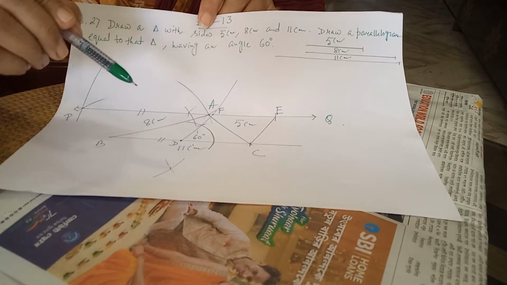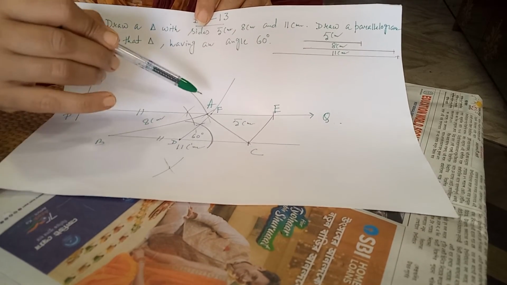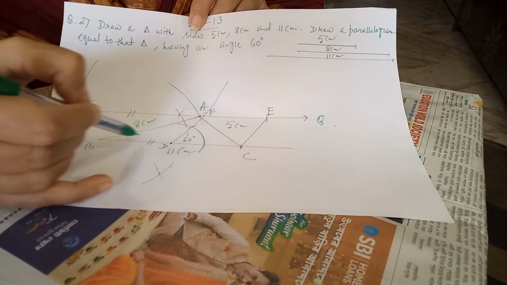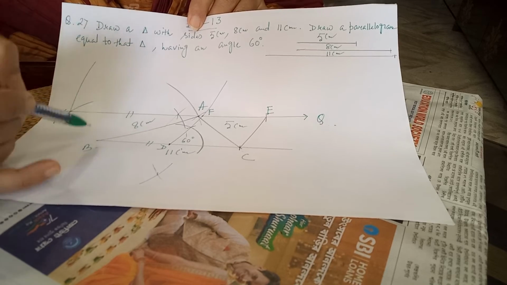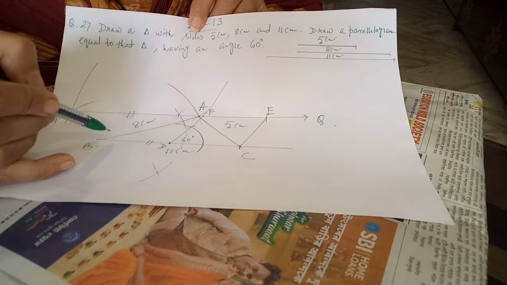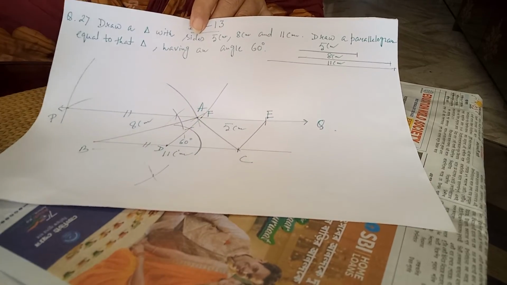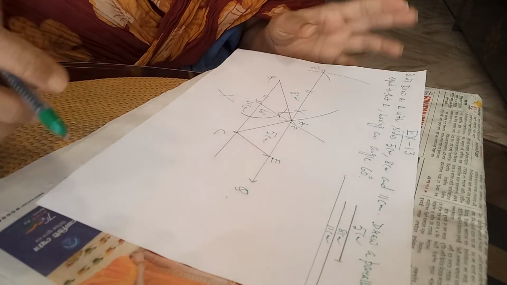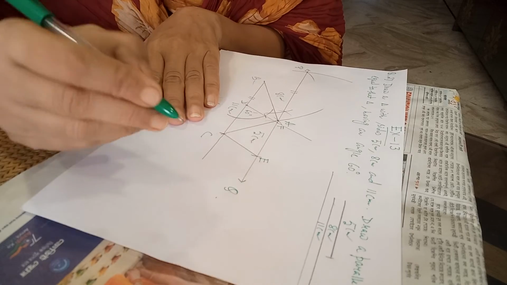Clear? Now, what is the logic? This parallelogram and this triangle, they are standing on the same base BC, and between two same parallel lines BC and PQ. Clear? So this is the construction, full construction statement.